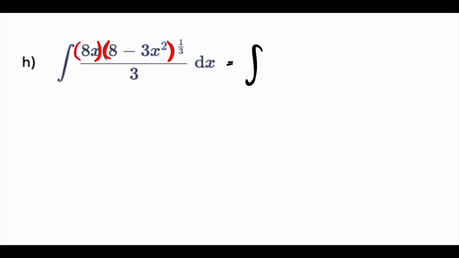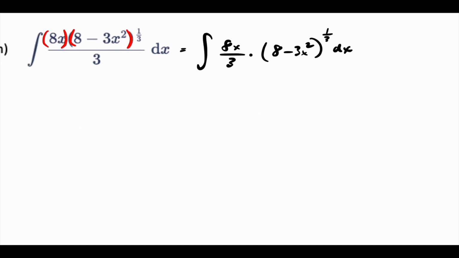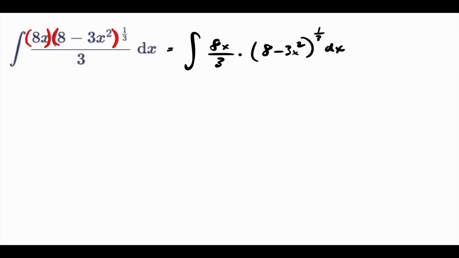So I'm going to rewrite it as 8x over 3 times 8 minus 3x squared to the 1/3. I'm kind of taking it apart, deconstructing it.